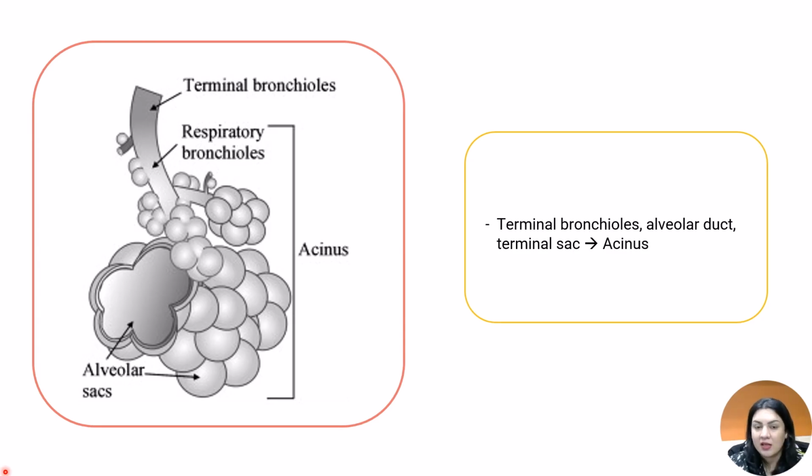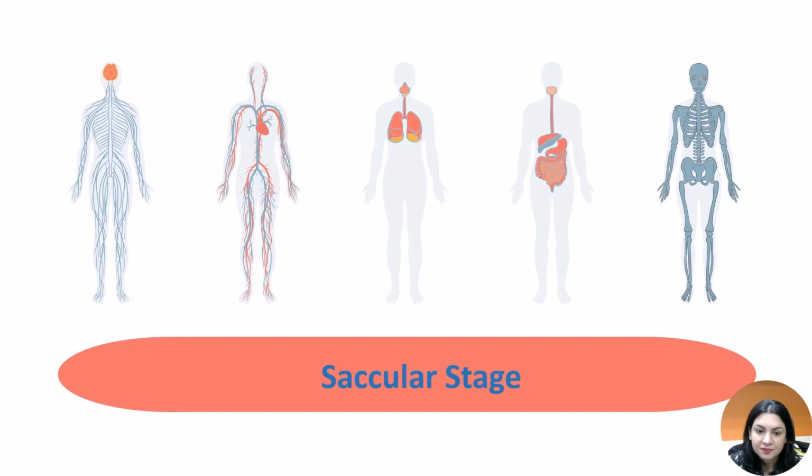This is considered quite a developmental milestone, and it's significant because even though we're still early in development at this point, if a fetus is prematurely born at this stage, it could still very much have a chance of survival, of course with very intensive medical intervention, but a chance of survival nevertheless.